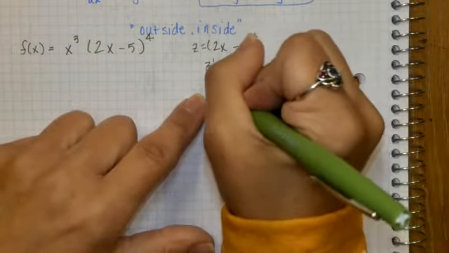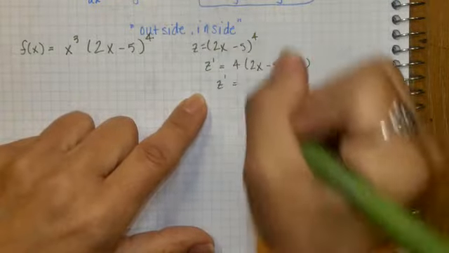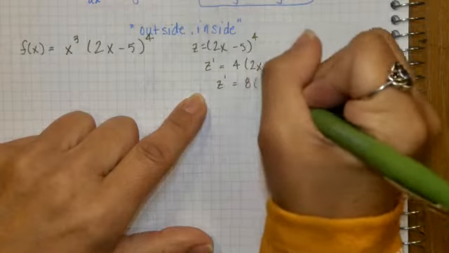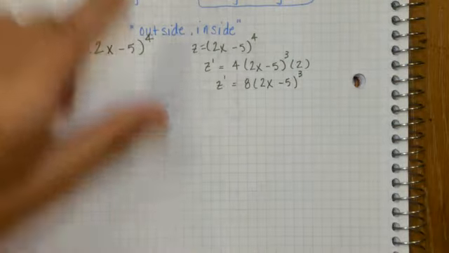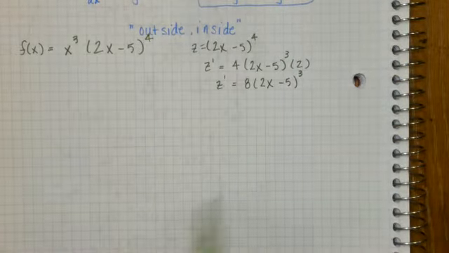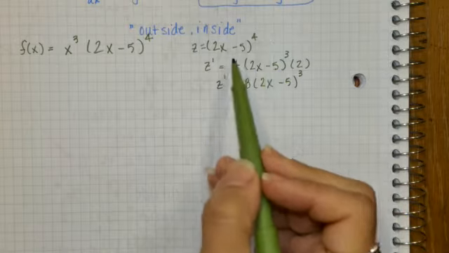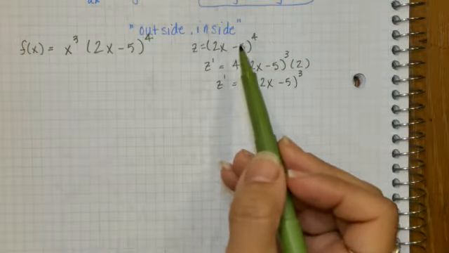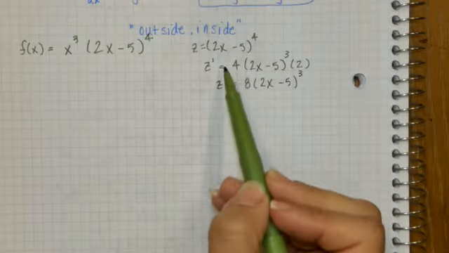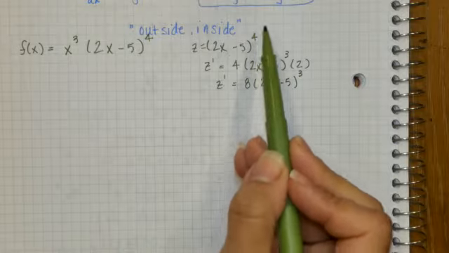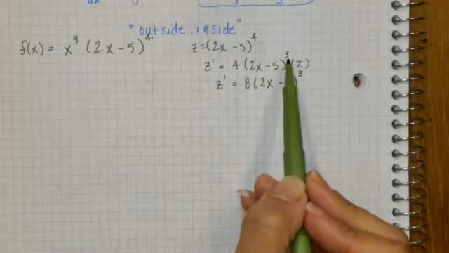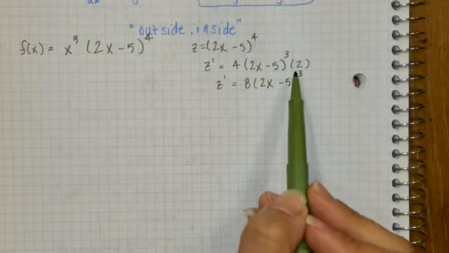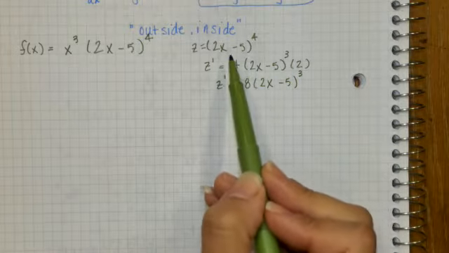This is 8 times the quantity 2x minus 5 cubed. The outside function is y to the 4th, whatever you want to call it. Brought the exponent down in front, made it a coefficient, decreased the exponent by 1, so 4 became a 3, and the 2 comes from the derivative of what's inside.